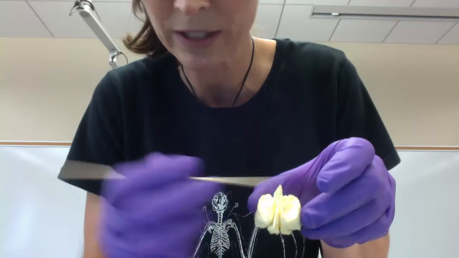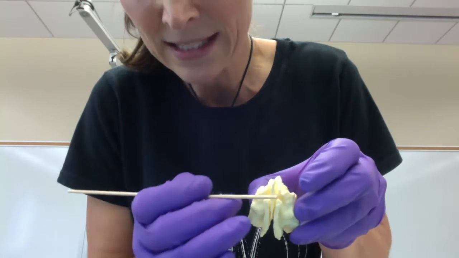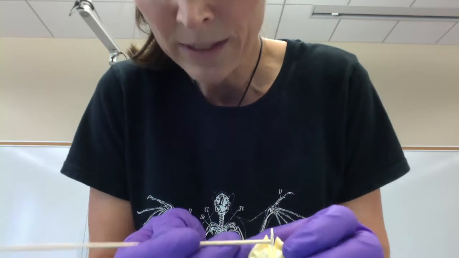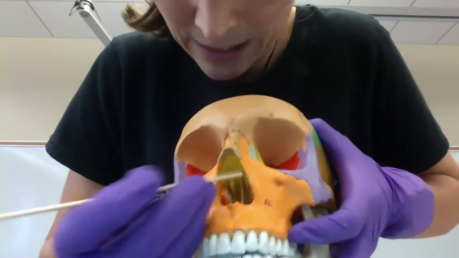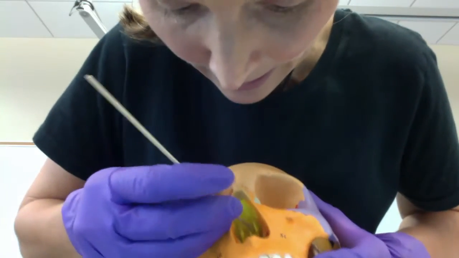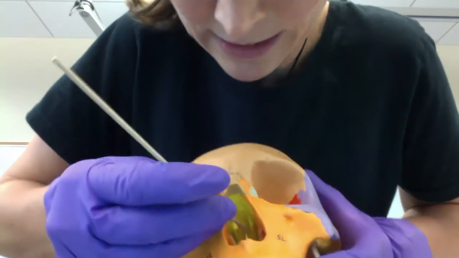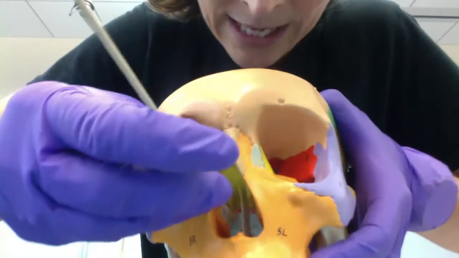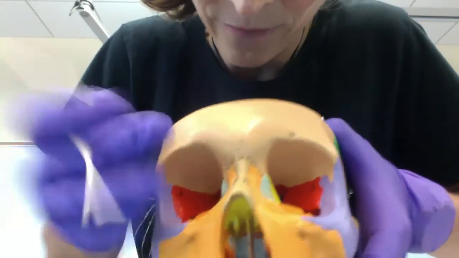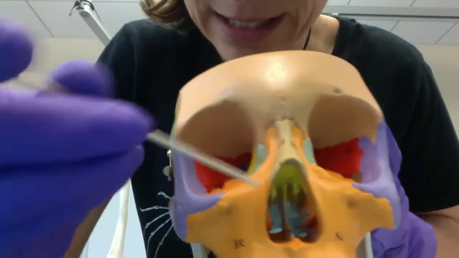So this is the superior side with the cribriform plate, and this is the inferior side. And this little middle piece called the perpendicular plate sticks out, and that piece is going to be inside here in the middle. I'm going to try to put my pointer right on it for you so you can see it, because it's hard to see. But it's going to run right in the middle, and it's going to meet up with the vomer. So it's actually going to make up part of the nasal septum.